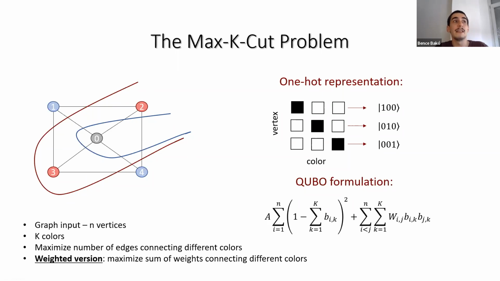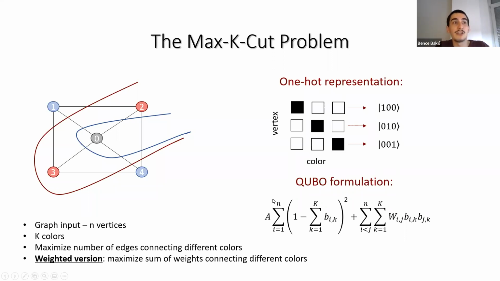Now, to formulate this problem as a quadratic problem, we need to represent our nodes in the one-hot representation, meaning that we assign k bits or qubits to each vertex. If the vertex is colored with the first color, then the first bit or qubit is 1, the others are 0, and so on. We can use this representation to formulate an equivalent problem to max K-cut, which in turn tries to minimize the number of edges connecting nodes colored with the same color.